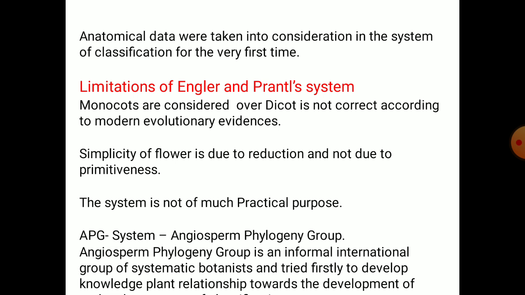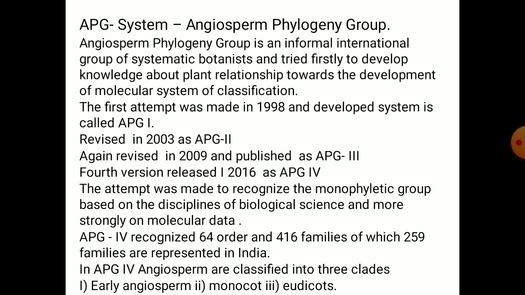Next, we are going to see the APG system, that is the Angiosperm Phylogeny Group. The Angiosperm Phylogeny Group is an informal international group of systematic botanists who first tried to develop the knowledge of plant relationships.